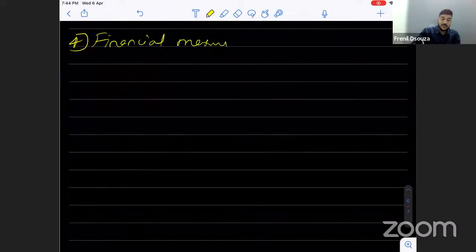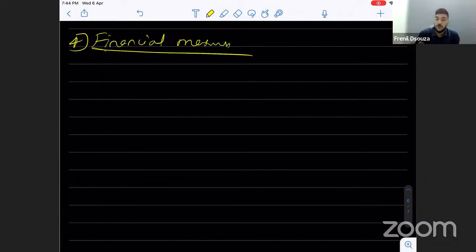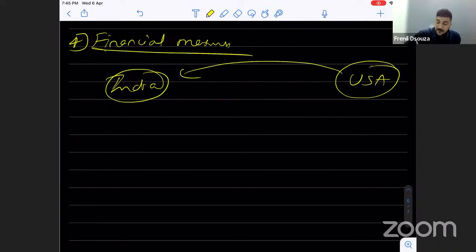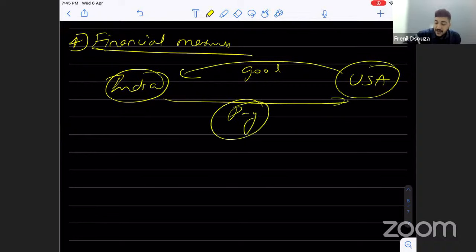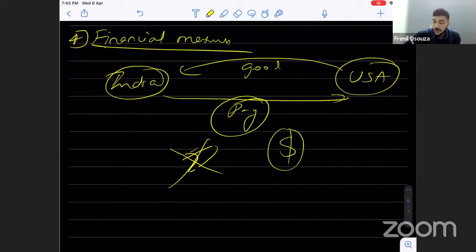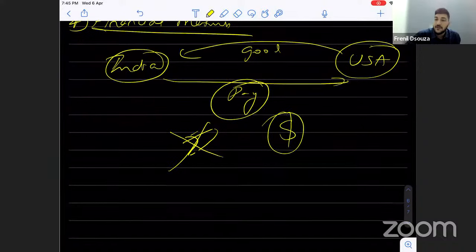Financial measures are nothing but regulating the foreign exchange which is required for the import. See, you are here in India and you are going to get something from the USA, right? The goods come in, now you have to pay for that. While paying, can you pay in Indian rupees? The answer is no, you have to pay in dollars. Now you don't have dollars. Where will you go?